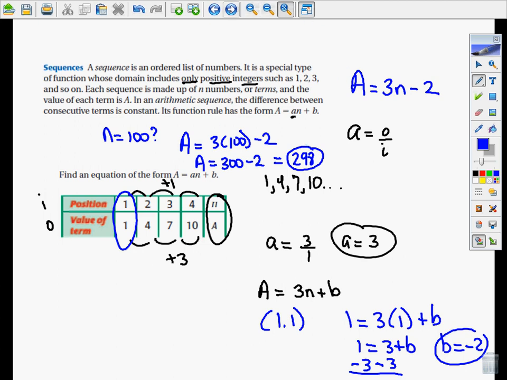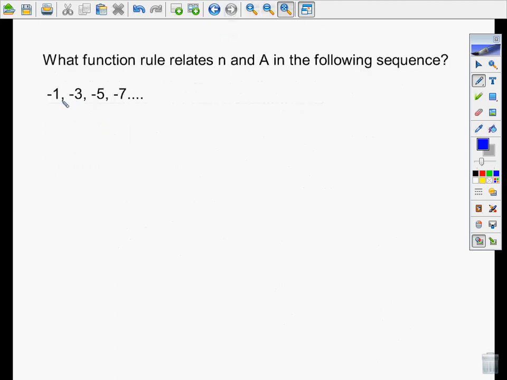Let's try one more of these. So here now I'm just giving you the -1, -3, -5, -7. So I know my position always starts with 1.